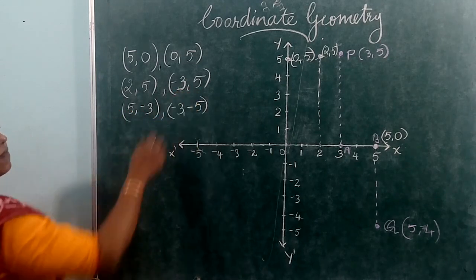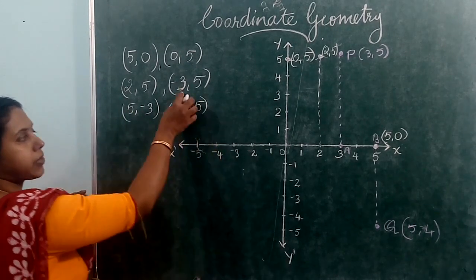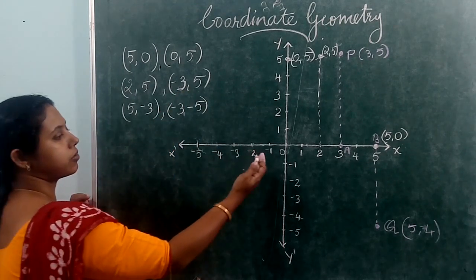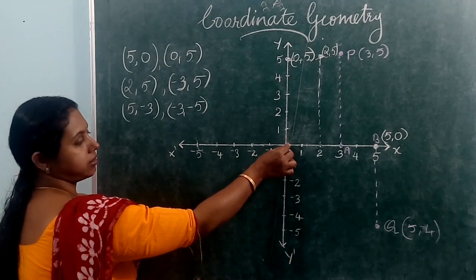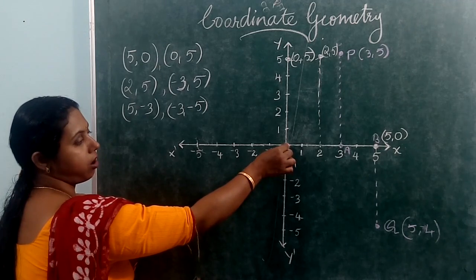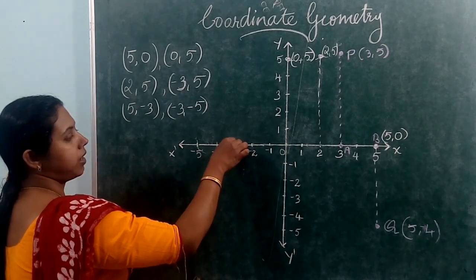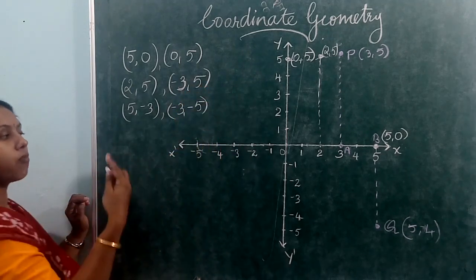Next, minus 3, 5. X coordinate is minus 3, y coordinate is 5. So you have to move in the negative direction, along the negative x-axis, that is minus 3. From there you have to move 5 units along the y-axis.